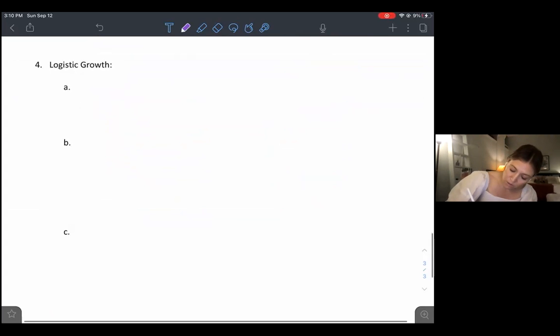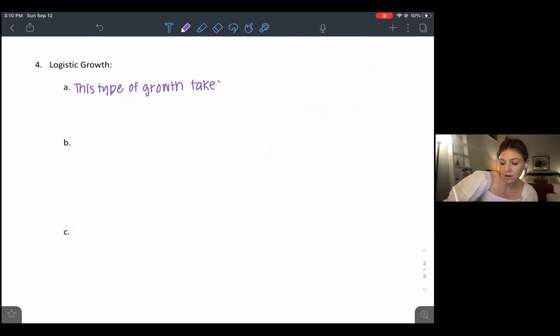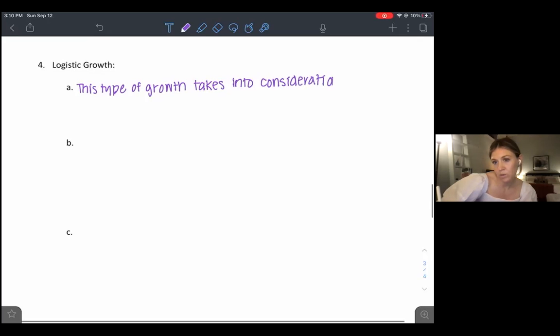So logistic growth: this type of growth takes into consideration those limited resources or our limiting factors.